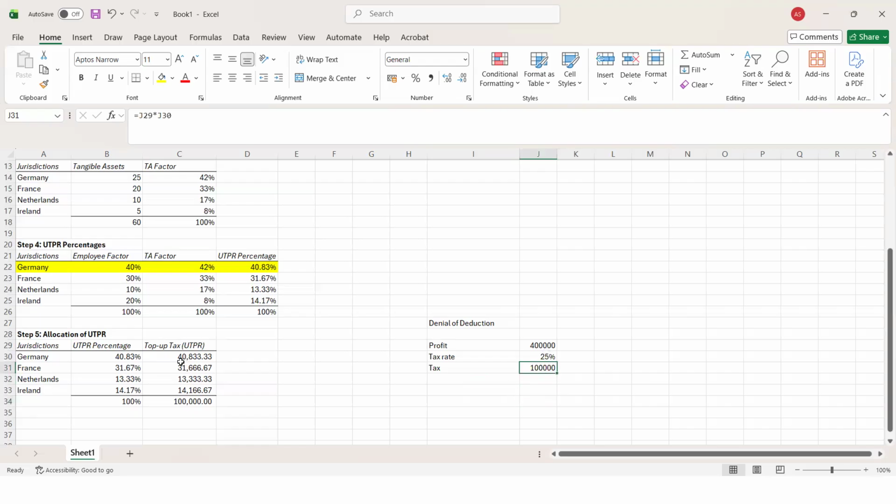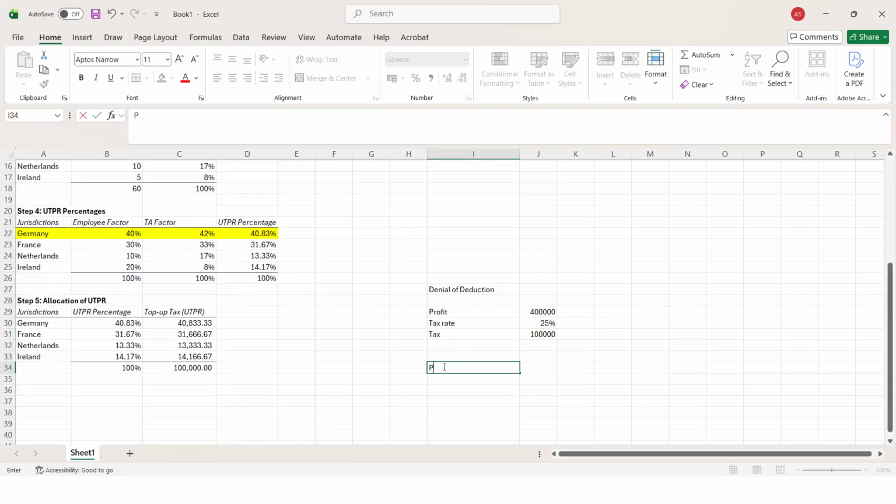This is your domestic tax. I want to collect 140,000. How do I do that? So with denial of deduction, let's say you have identified a profit figure. Now, this profit is after expenses, right?